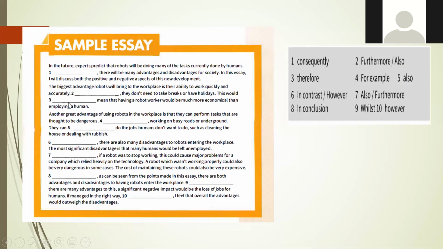This would therefore mean that having a robot worker would be much more economical than employing a human. Another great advantage of using robots is that workplaces that they can perform tasks that are thought to be dangerous. For example, working on busy roads or underground.